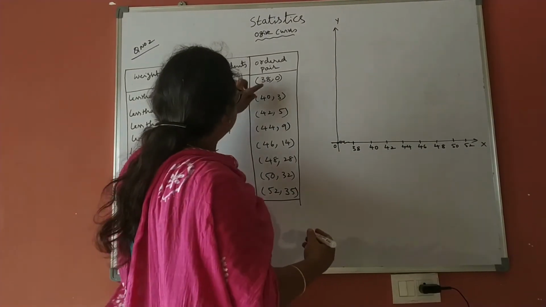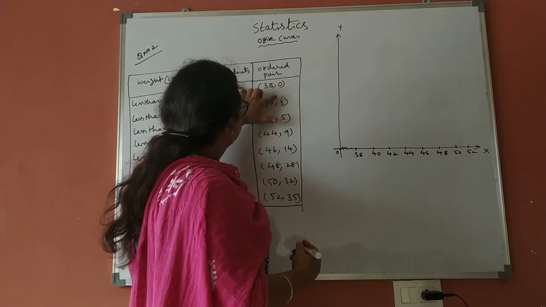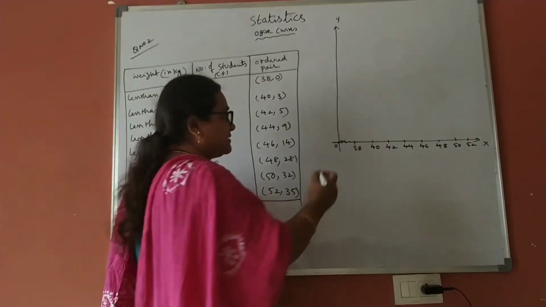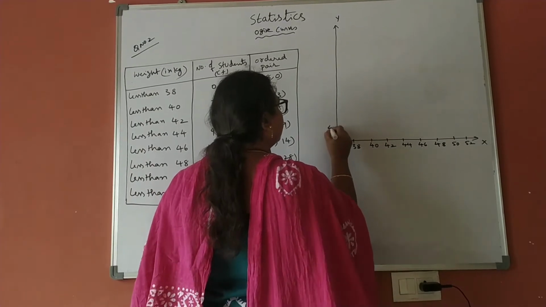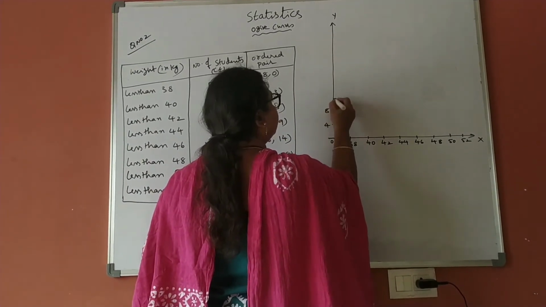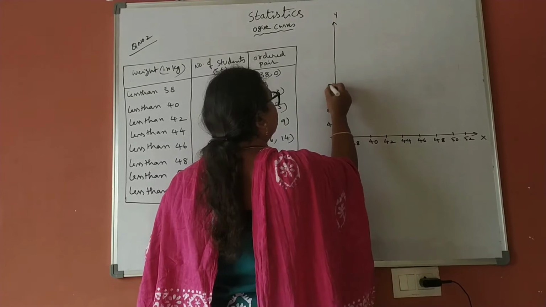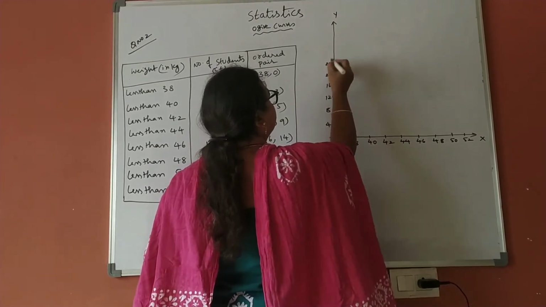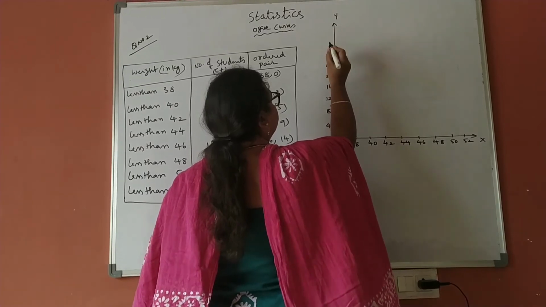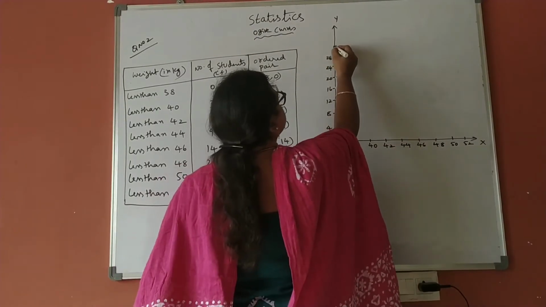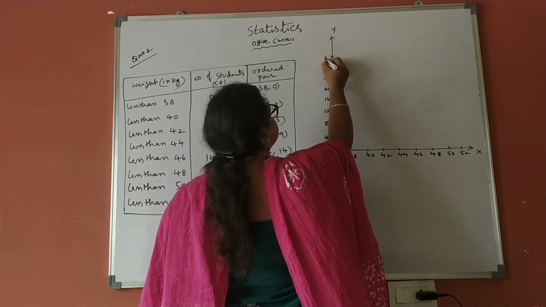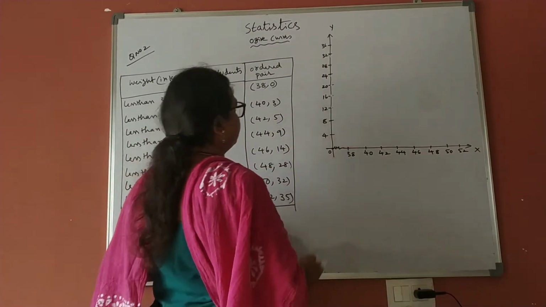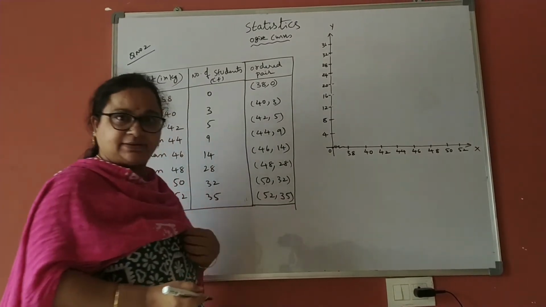And on the y-axis the numbers are 0, 3, 5, 9 like that. So we take a scale of 4 on the y-axis: 4, 8, 12, 16, 20, 24, 28, 32, 36. Enough, up to 36 we need.